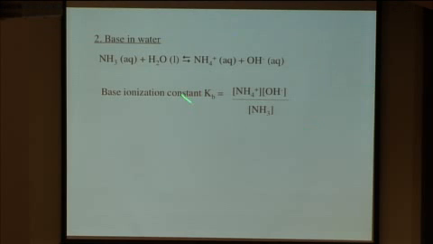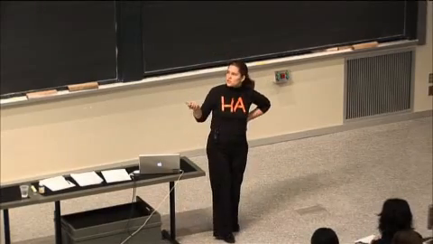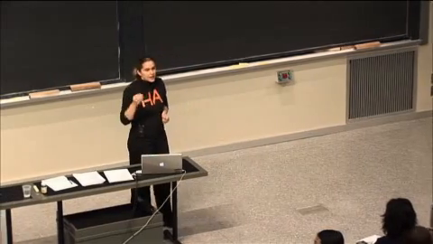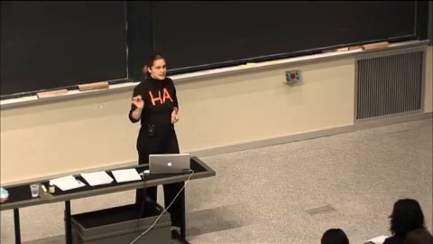It'll be equal to the products, NH4 plus and hydroxide ion, over the reactant, NH3. The water is the solvent here, and since this is all pretty dilute, it's mostly pure, and its concentration isn't going to change, so it's not included in that equilibrium constant.